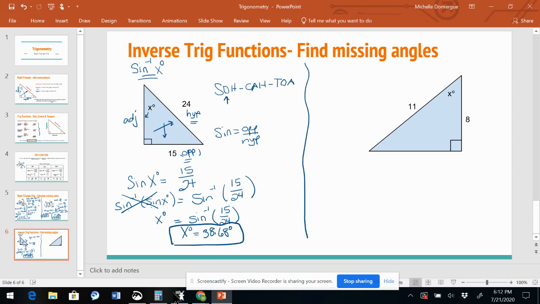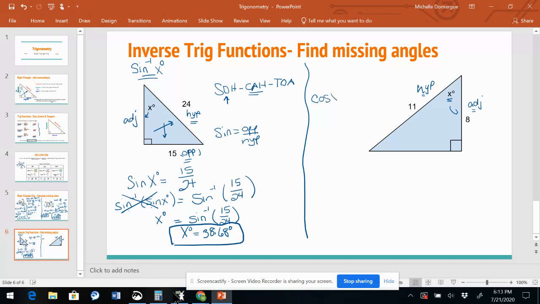So let's do the same thing over here. My angle of interest that I'm looking for is here, x. What they give me is the adjacent side and the hypotenuse. So which one of my trig functions, SOHCAHTOA, deals with the ratio of adjacent and hypotenuse? Well, that would be my CA, or cosine, function.